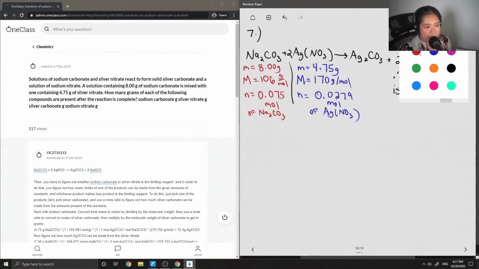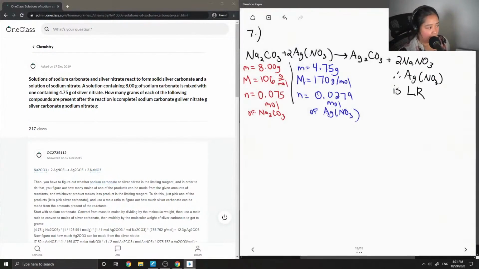Okay, so now I'm going to do the same thing that I did in the previous question to find out the moles of sodium carbonate that's left over. It's going to be however many we started with, so the 0.075 subtracted by however many reacted with the silver nitrate.